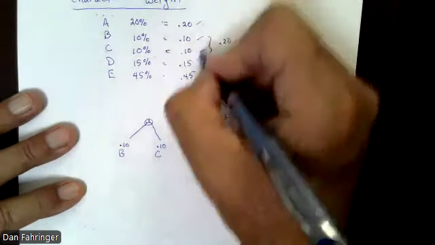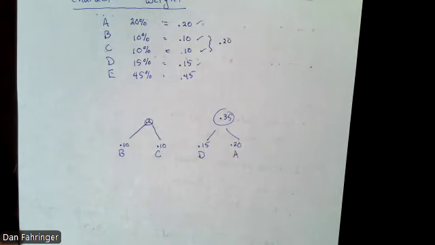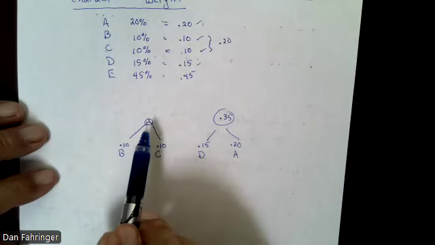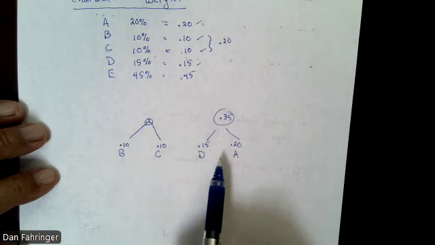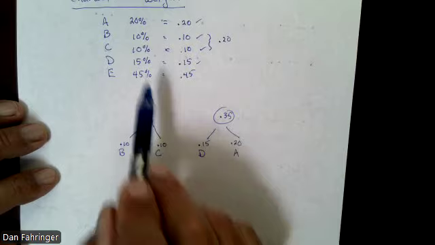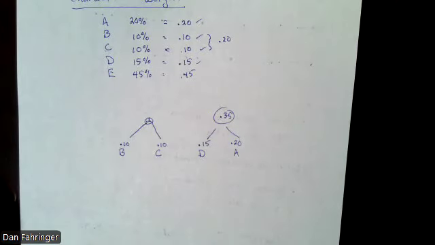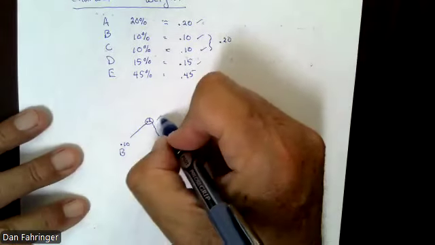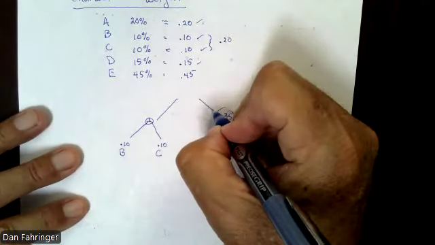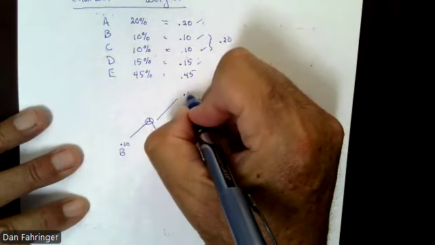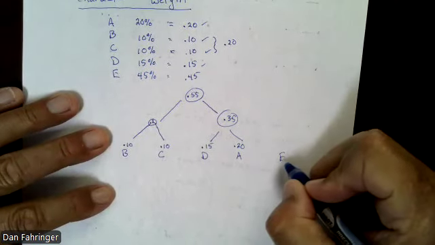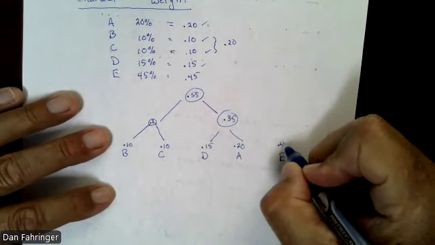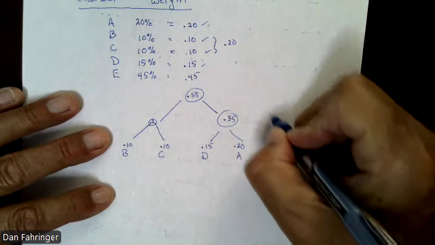Okay, so this guy and this guy are now off the board. On my board is the BC, which is a 0.2, or the DA, which is a 0.35, or the E, which is a 0.45. My next two smallest are here and here. They go together and give me a 0.55. And finally, I'm going to add the E on because that's my last smallest one.